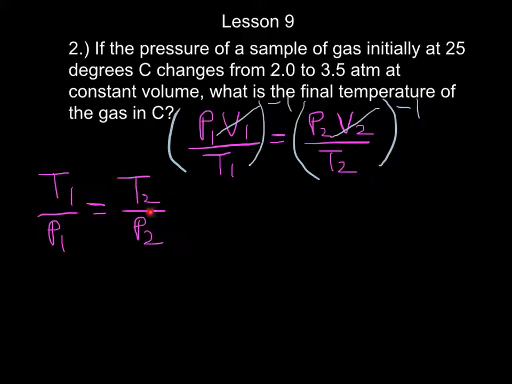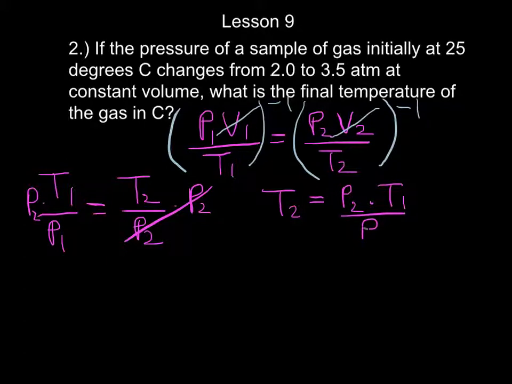And again, we're solving for T2, so now we just need to multiply P2 on both sides. Our P2's cancel out on the right-hand side, so we're left with T2 is equal to P2 times T1 over P1.